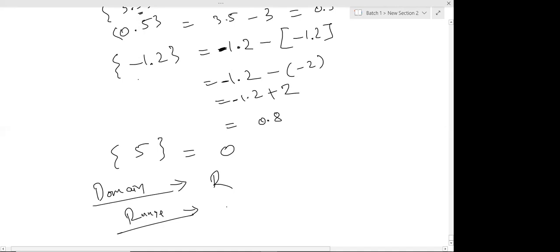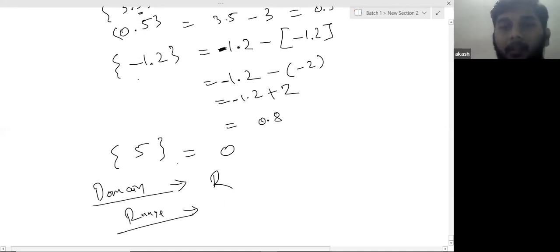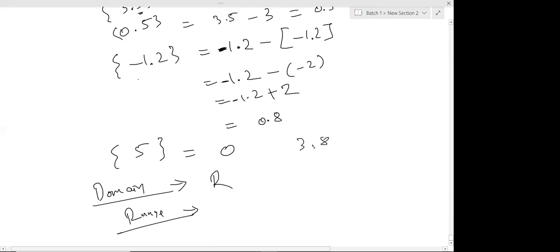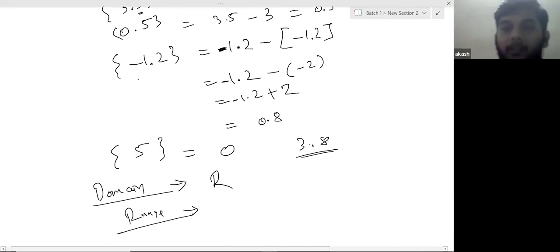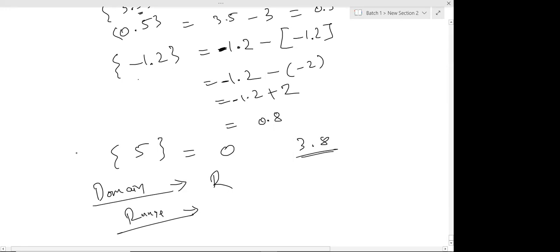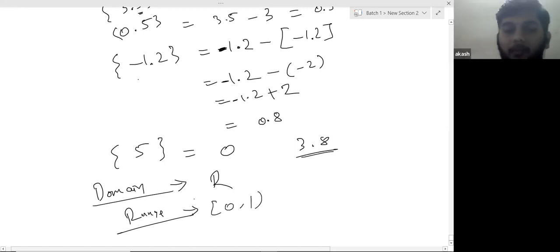I got R minus N. Will you ever get 3.8? No, sir. Give me an example where you will get anything of this sort. Closed interval 0 and open interval 1, right? 0 to 1.